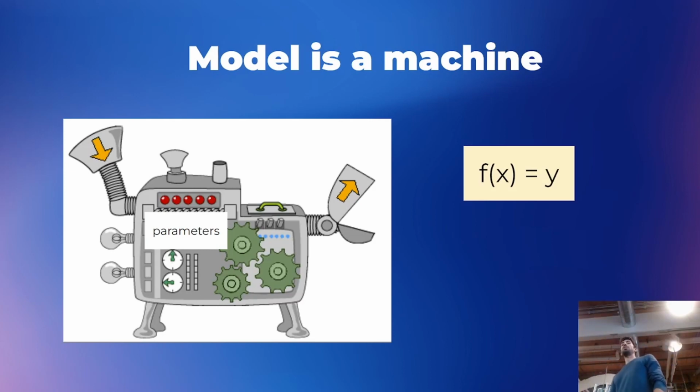So we can think of the model, which is the algorithm when it's been trained, it becomes a model. We can think of it as an industrial machine. On one side, we feed in some inputs, and on the other side, we get some outputs.